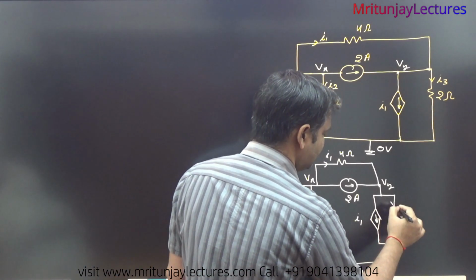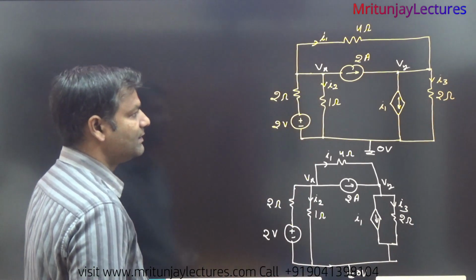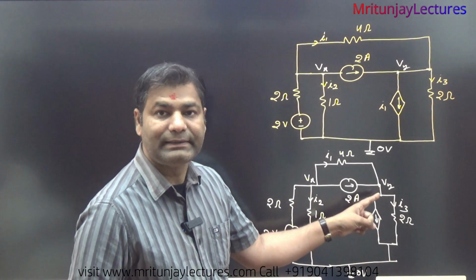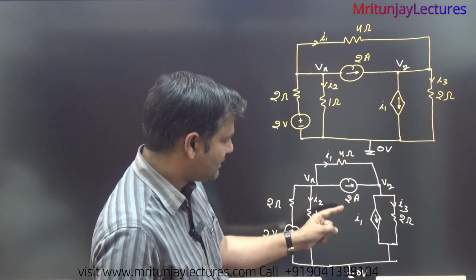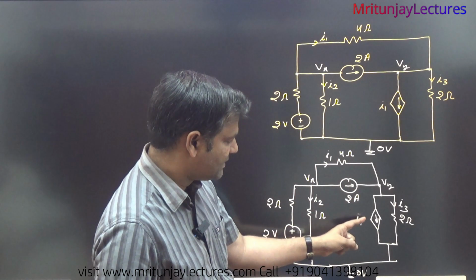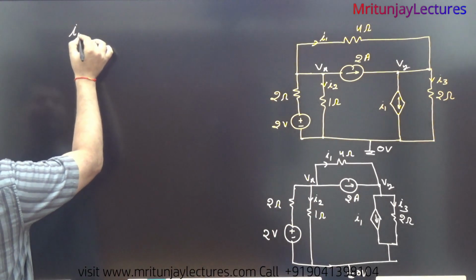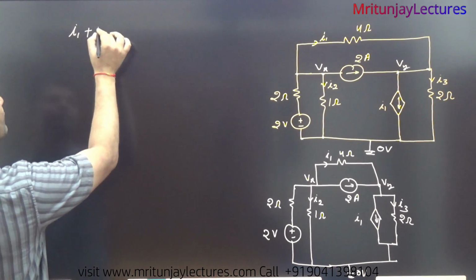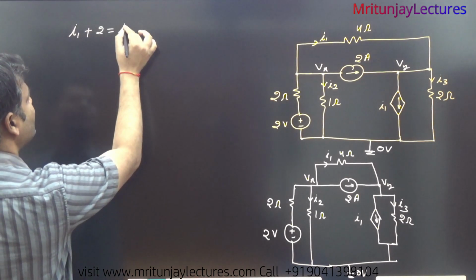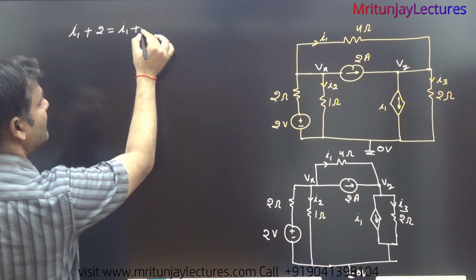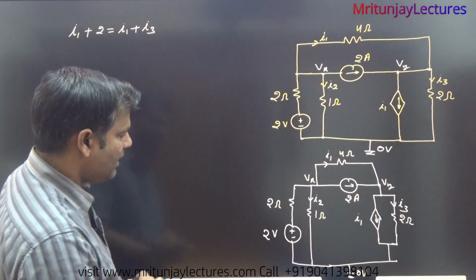And what about the current in this branch? That is I3. If you apply KCL at that node, then you can write 2 plus I1 is equal to I1 plus I3. Clear or not?